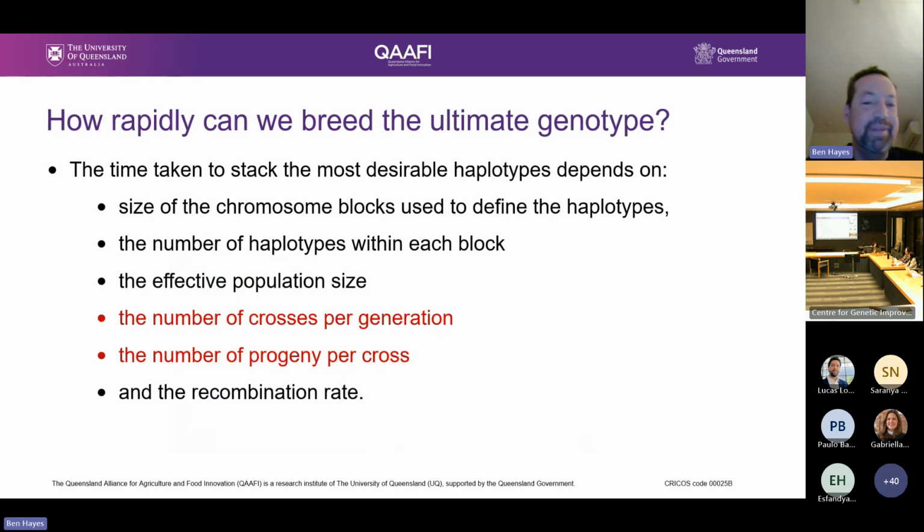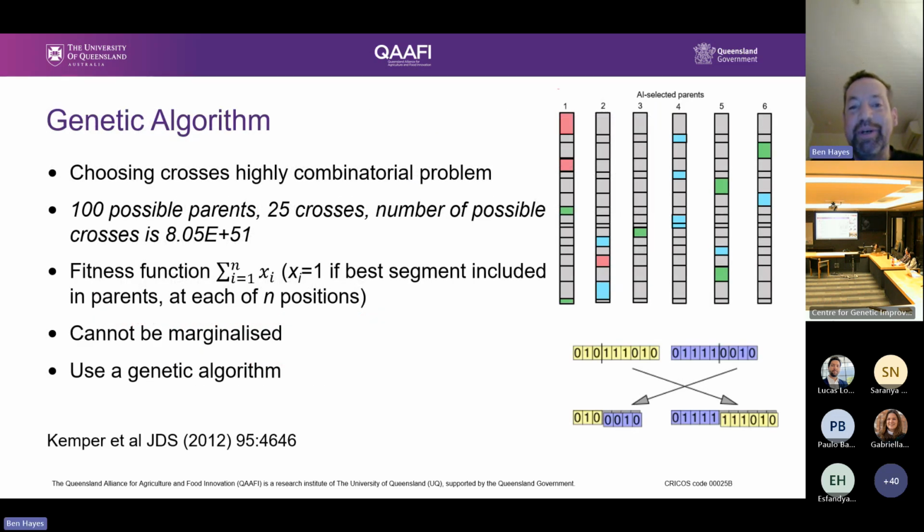Okay, we've also looked at the number of crosses per generation and the number of progeny per cross that you need or is useful to stack up these blocks. And I should point out that choosing the best parents to cross out of your whole population, the parents that contain most of the blocks that you want to stack, is actually a highly combinatorial problem.